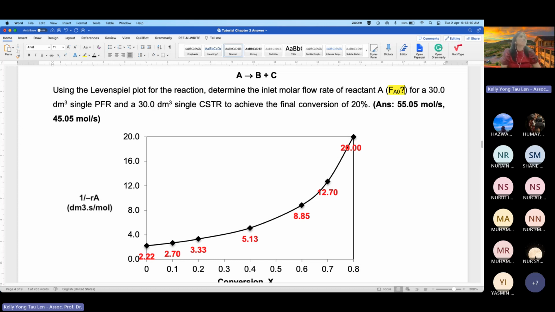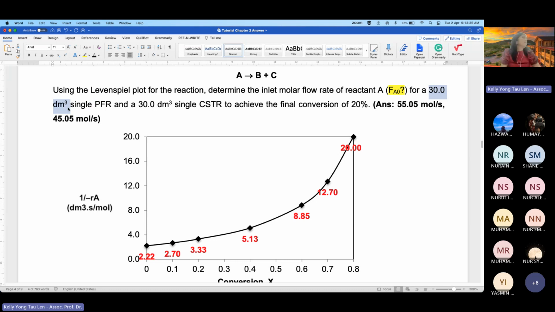They say, for a 30 dm cubed single PFR and a 30 dm cubed single CSTR, they want you to find the molar flow rate, and you have two different reactors. The first reactor is one PFR, and they give you 30 dm cubed.